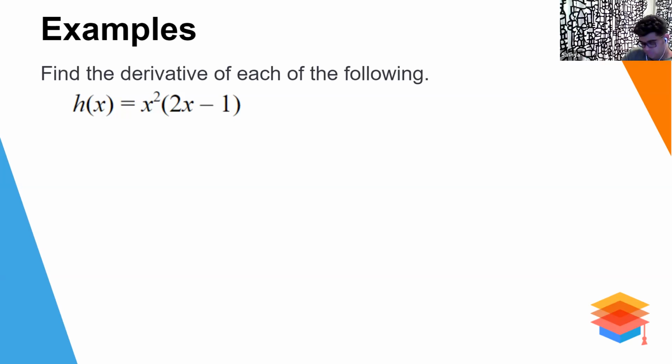So derivative of 2x is only 2, right? Yeah. Is it 4x squared?